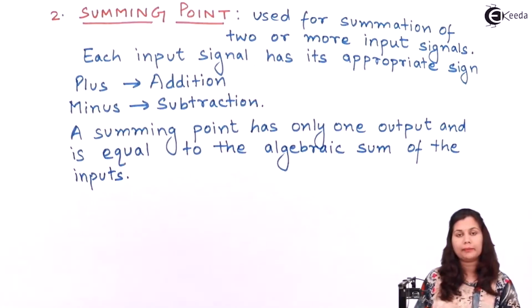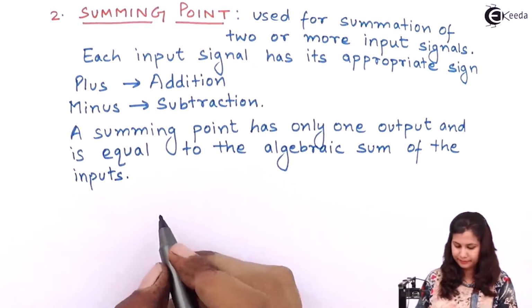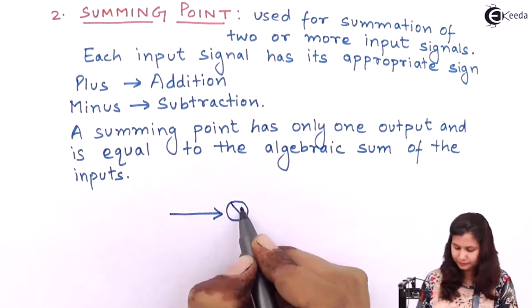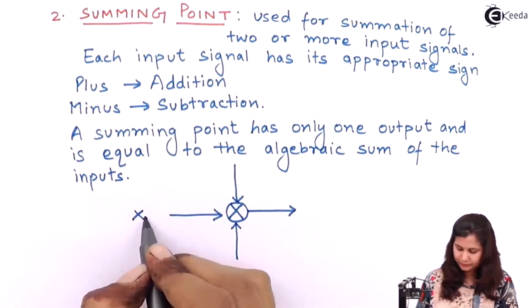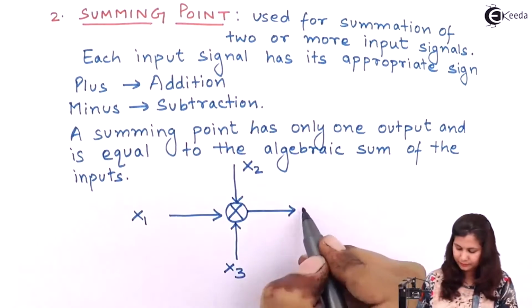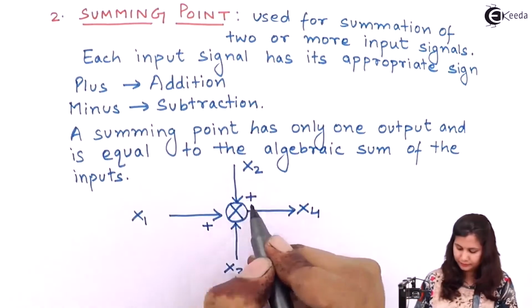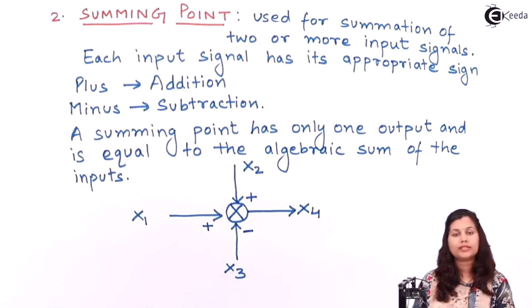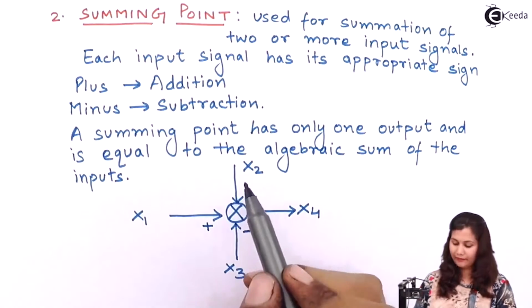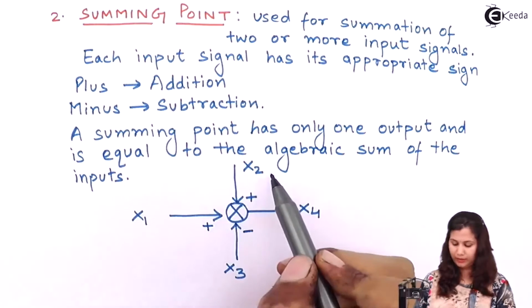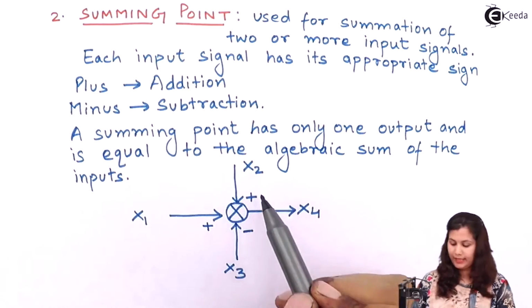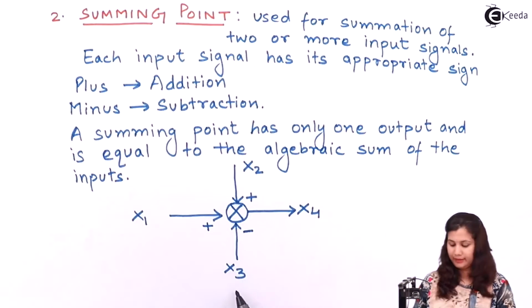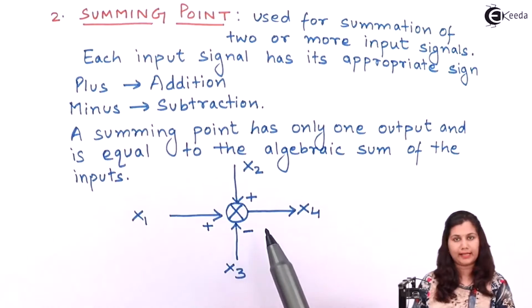Let's see how a summing point can be represented. So this is a summing point which has three inputs x1, x2 and x3. The x1 input signal has a plus sign, x2 also has a plus sign and x3 has a minus sign.